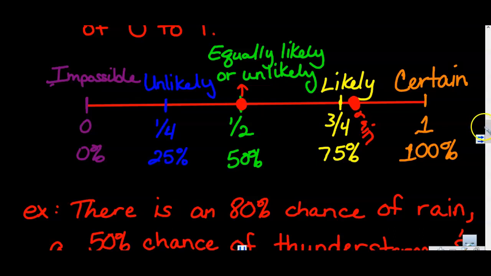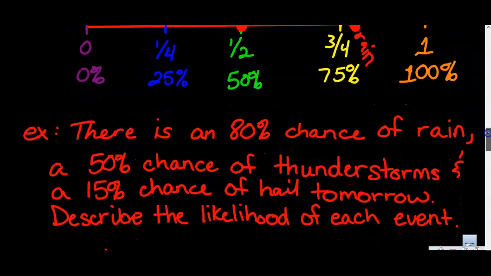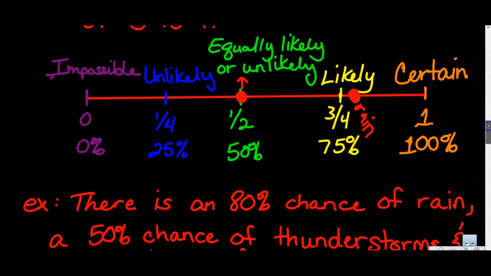Okay, and finally, hail is a 15% chance to happen. So 15% chance is almost in the middle, but not quite. Right here. And this is where our hail likelihood is. Okay?